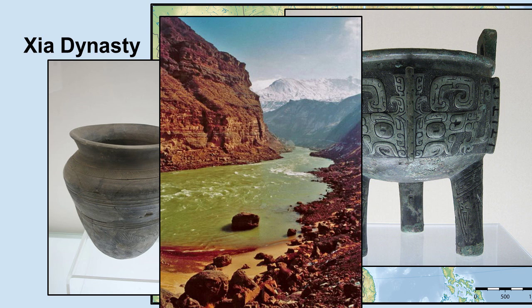How does it come from the river? Well, good question. Since the river floods every year, and we've talked about this in the last couple of units, we have the Tigris and Euphrates rivers flooding, we have the Nile River flooding. Flooding provides the silt, but it also can result in a great deal of destruction. And when it comes to the Huanghe, the Yellow River, there's a massive amount of destruction that comes along with it.